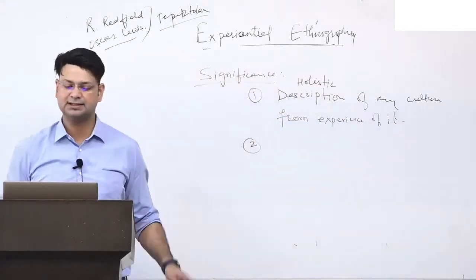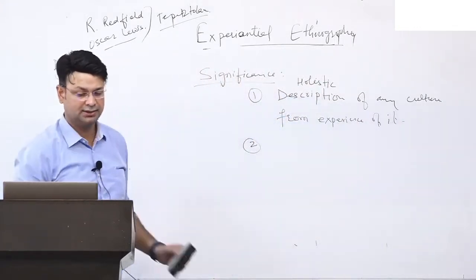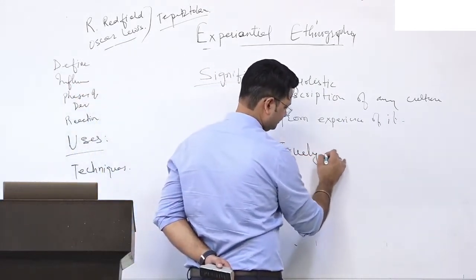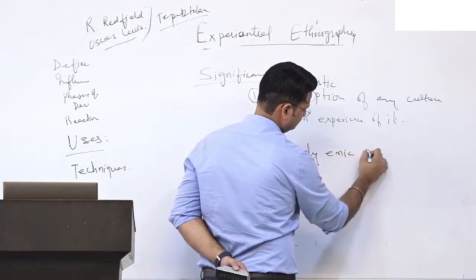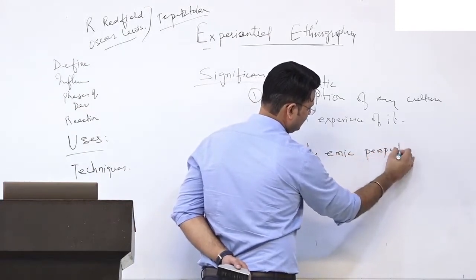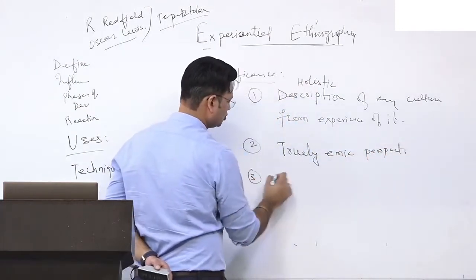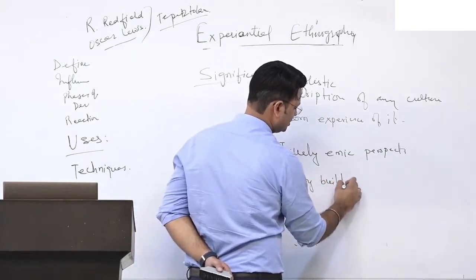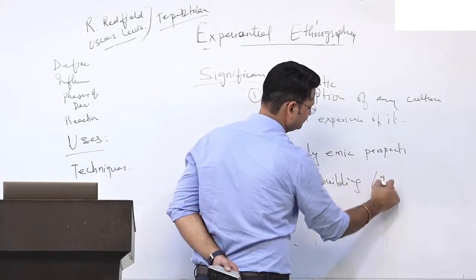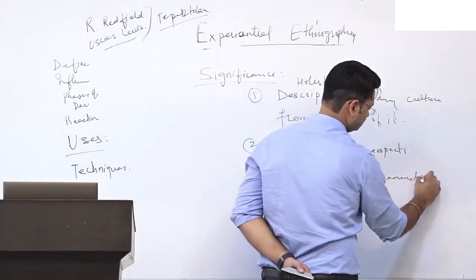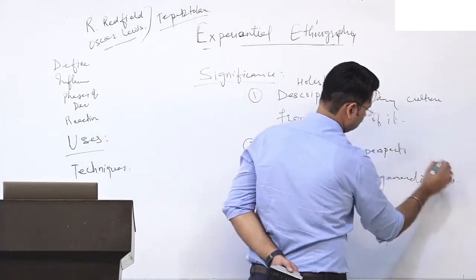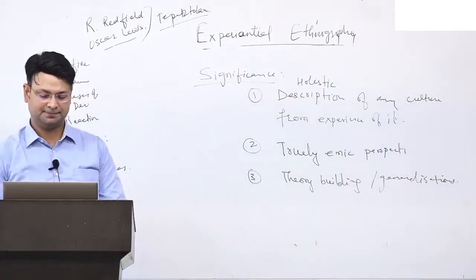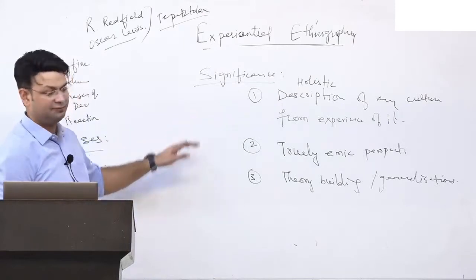Various cultural traits are used here, right? It is truly an emic perspective, you can say. And it can naturally be used in theory building, making generalizations about the people, their behavior, right? Now, basically, this is the significance.